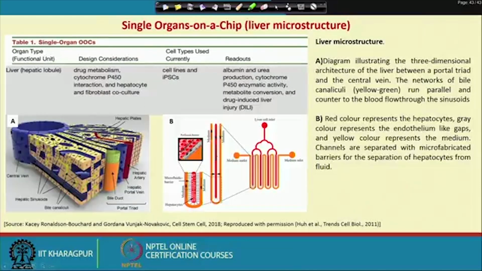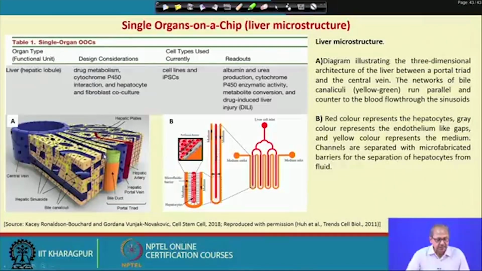They are arranged in such a way that there is the central vein and hepatic artery, and these are the cells where hepatic cells are arranged in high density, and the venous and arterial systems give blood, meaning nutrient flow, and then exchange of liver nutrients and other things. So, how can these things be mimicked in a microfluidic platform? Here cell lines are used, meaning HepG2, and sometimes induced pluripotent stem cell derived liver cells are used.